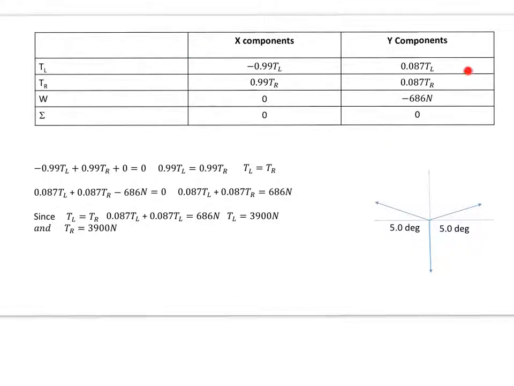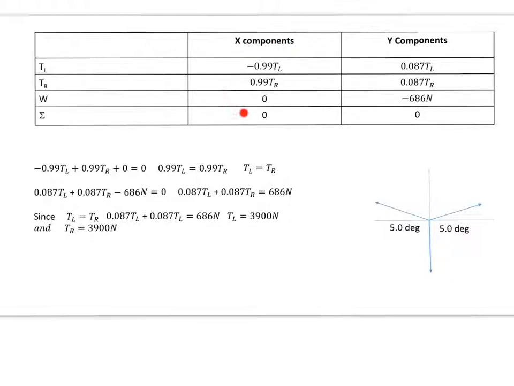Here is the table, and I filled in all of the components that we calculated in the last slide. There's TL, the x and y, TR, its x and y, W, its x and y, and then the sum. Remember, that must be 0 if the system is in equilibrium.